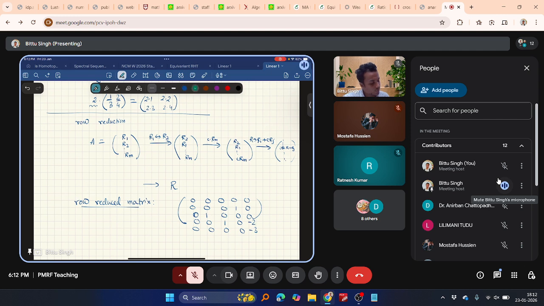So row reduced means the leading entry will be 1. So you can see that whatever row you take, for example, if you choose row 2, then the first non-zero entry is 1.